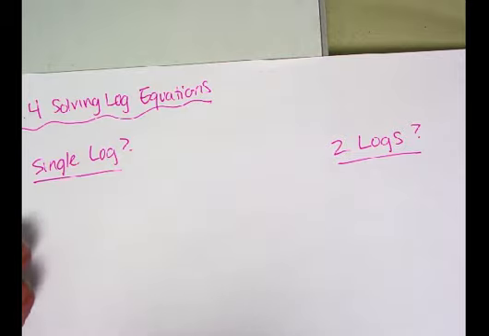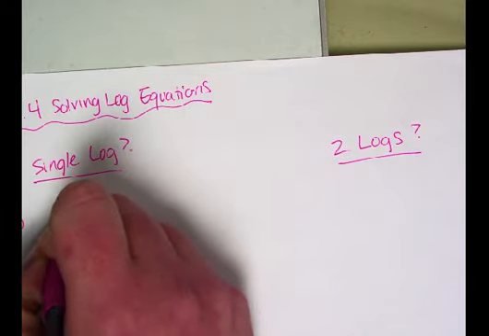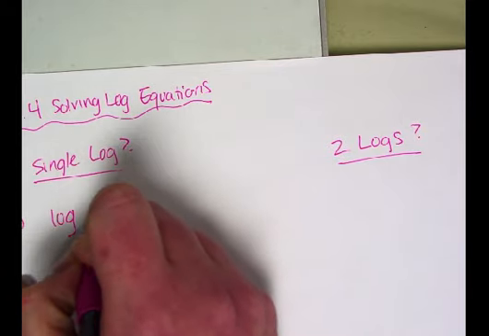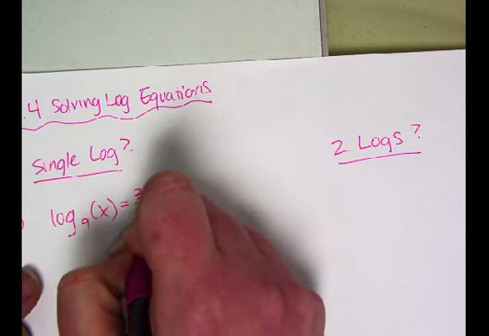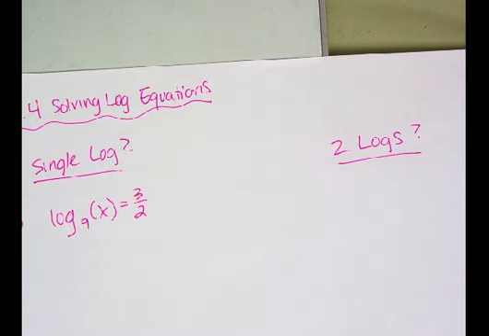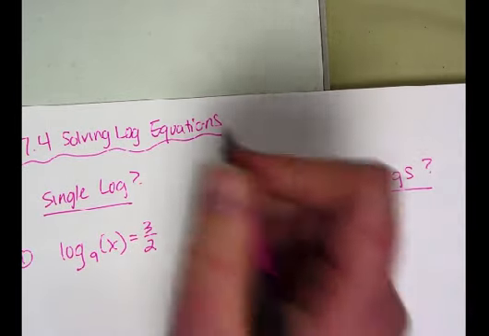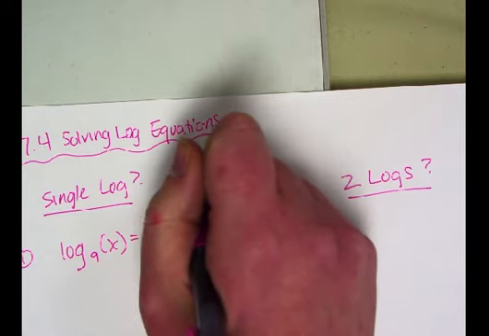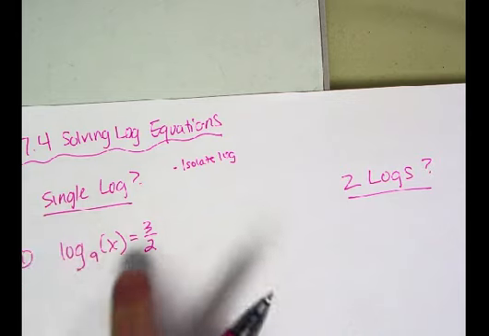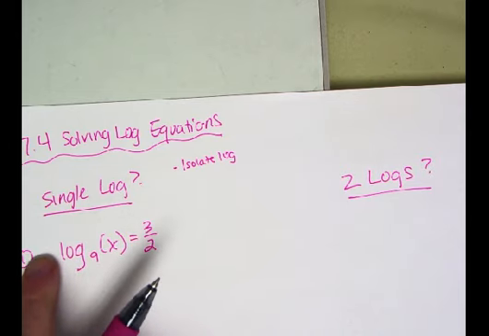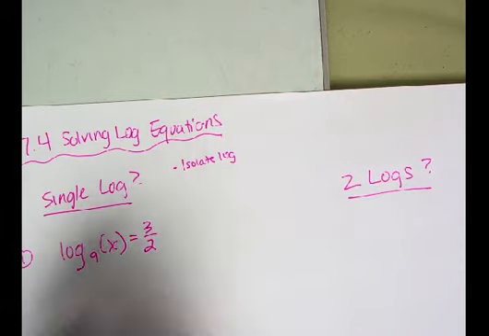So let's look at an example where there's a single log. It would look like log base 9 of x equals 3/2. The steps for a single log equation would be to first isolate the term that has the log. So if there was anything outside of this log, like a coefficient or a constant, you would want to move that to get the log by itself.